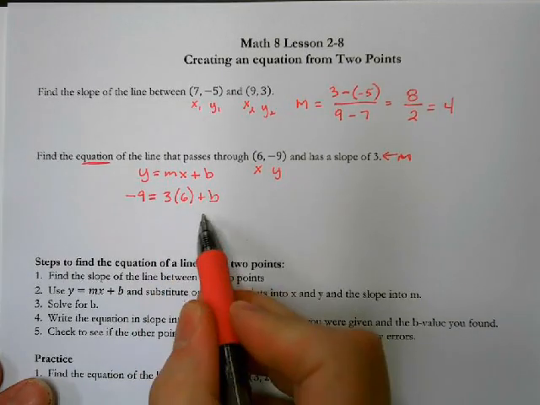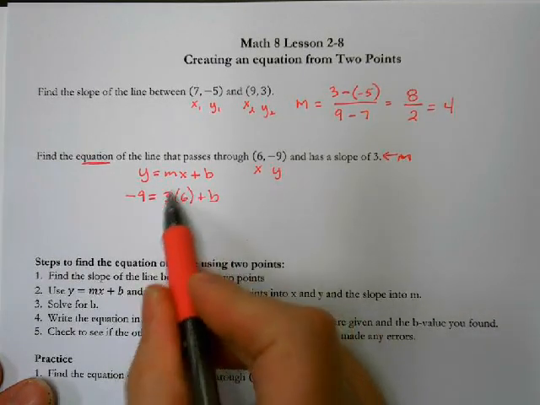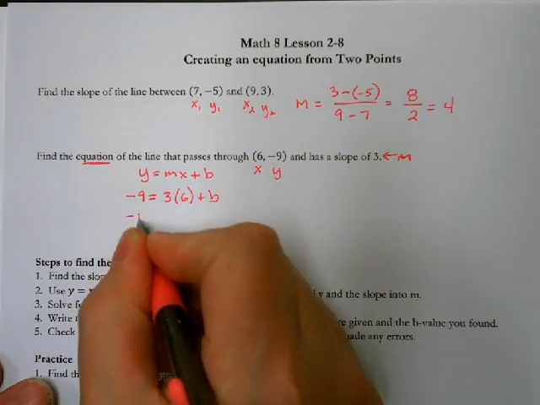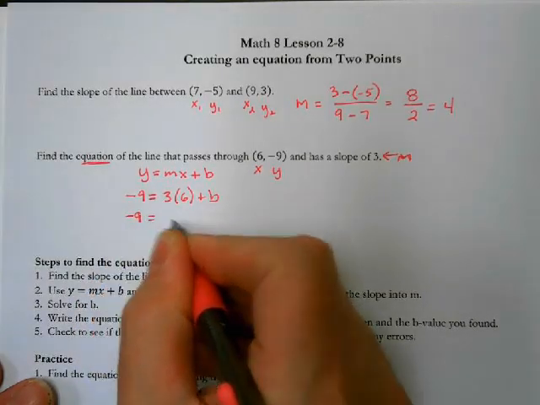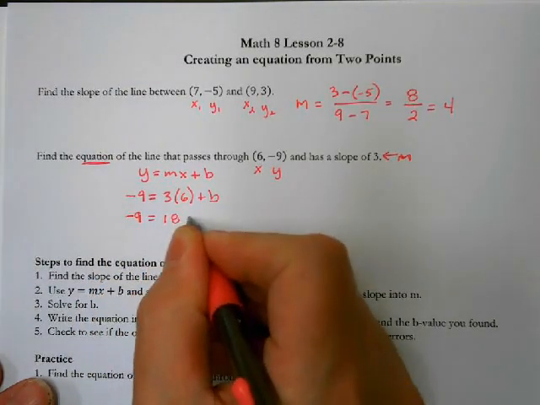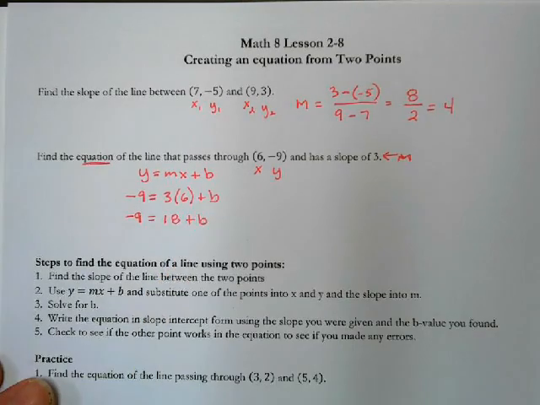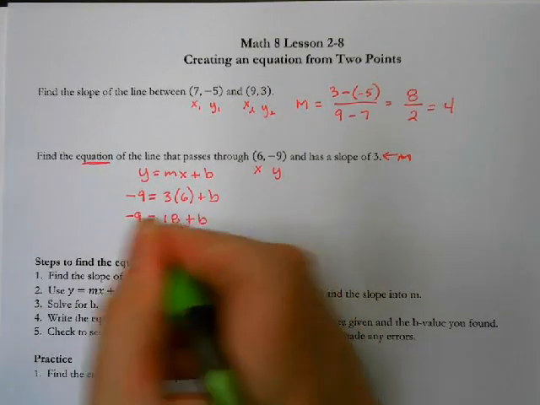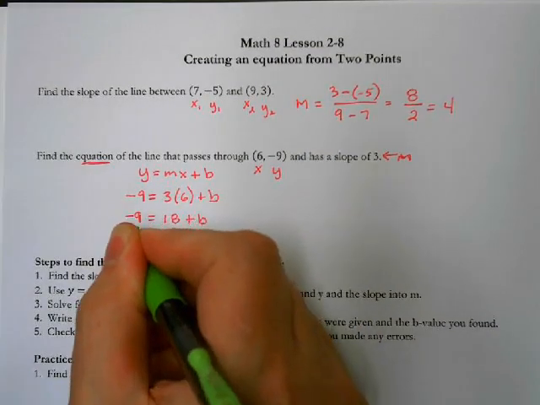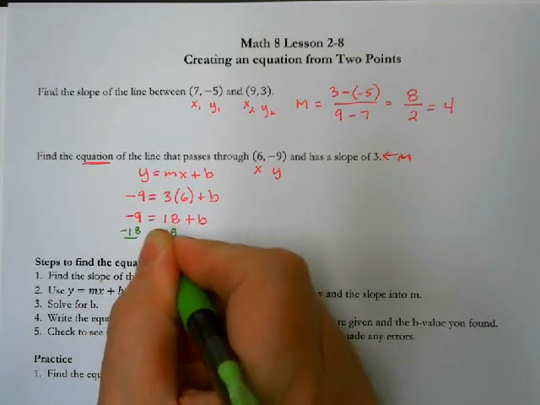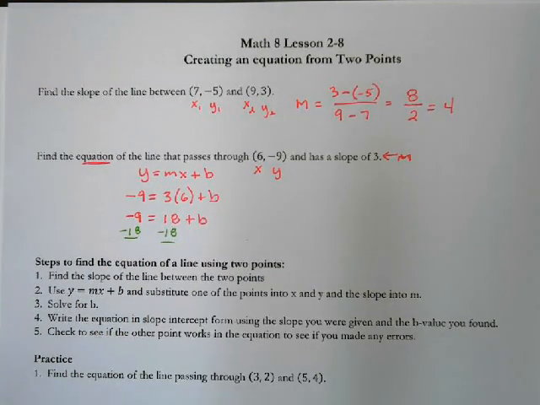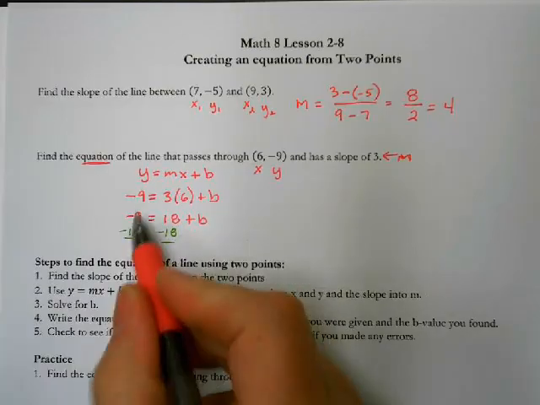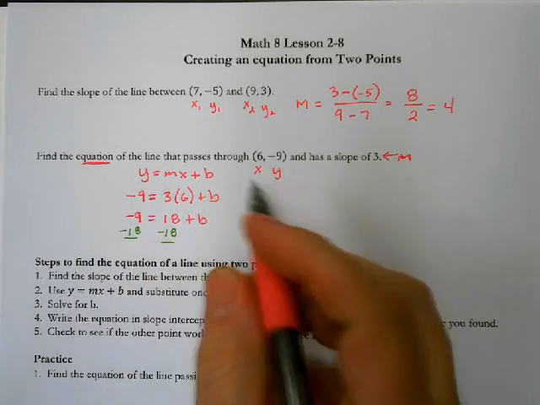All right, so now I'm going to solve for b. I'm going to multiply 3 and 6 together. I've got -9 equals 18 plus b. Now we're going to use our subtraction property of equality and subtract 18 from both sides. And -9 minus 18, we add the two numbers and keep the negative sign.